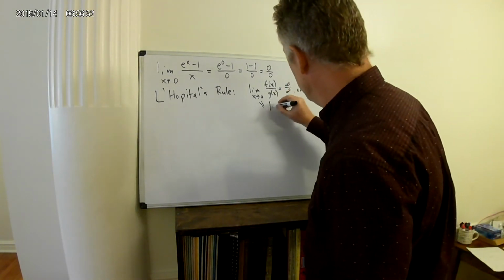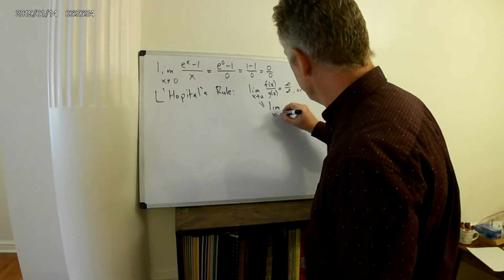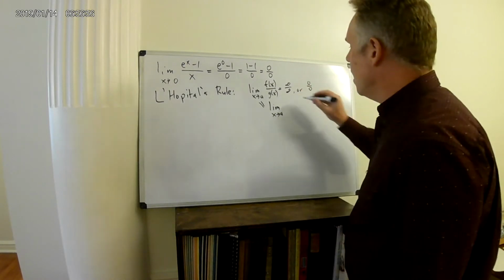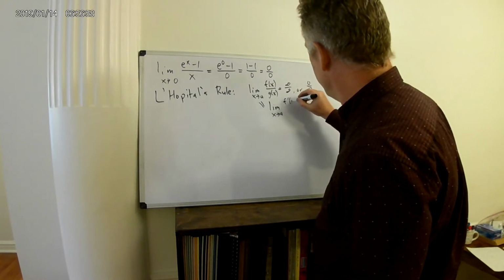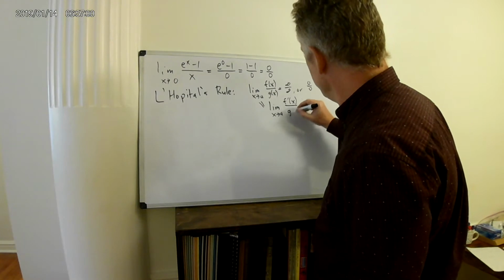So this limit will equal the limit as x approaches a of f prime of x over g prime of x.